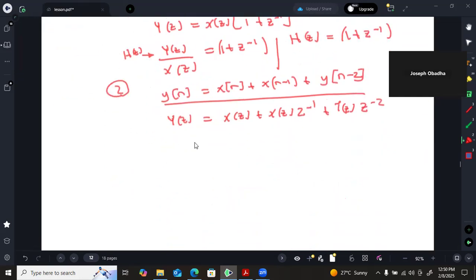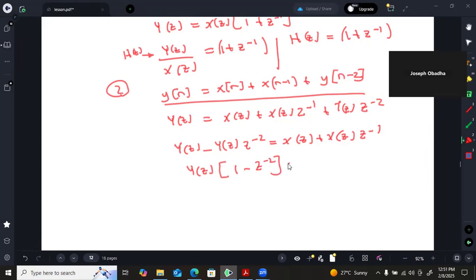So I will have y of z minus y of z, z minus 2 equal to x of z plus x of z, z minus 1, or y of z into 1 minus z minus 2 equal to x of z into 1 plus z minus 1.